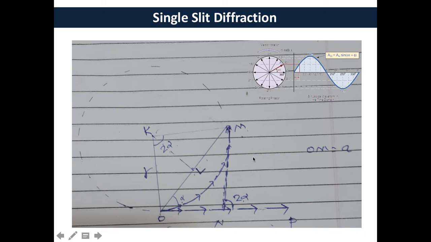So similarly here we have taken initially vector OP, and this polygon coincides with the circular arc OM.